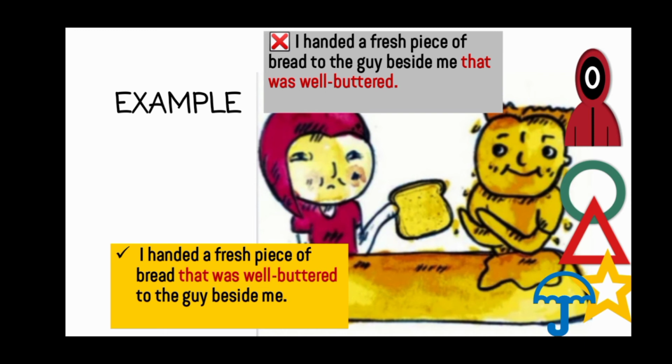So if the writer really intends that it is the bread that was well buttered, we have to write like this instead. I handed a fresh piece of bread that was well buttered to the guy beside me. We have to move the modifier right beside the word bread, because that was well buttered modifies the word bread.